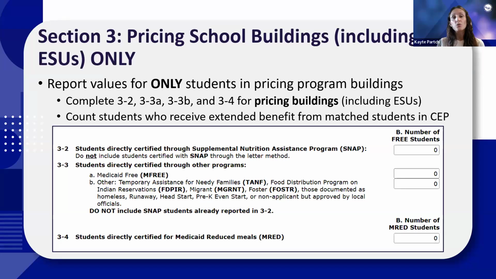So again, section 3 values should represent only students enrolled in the traditional pricing buildings, should not include students who are enrolled in a CEP non-pricing building.